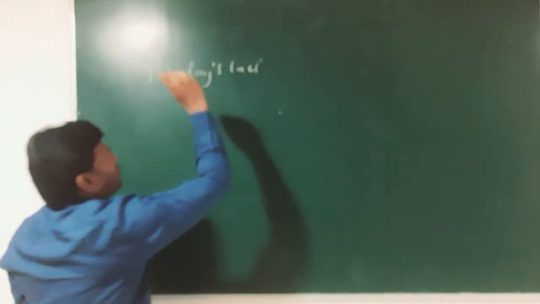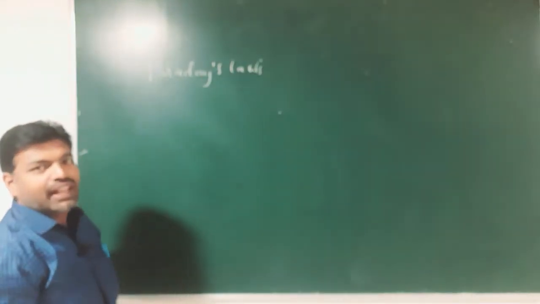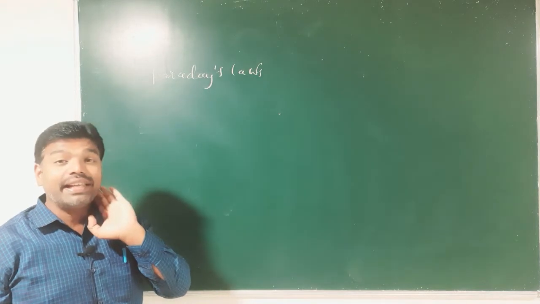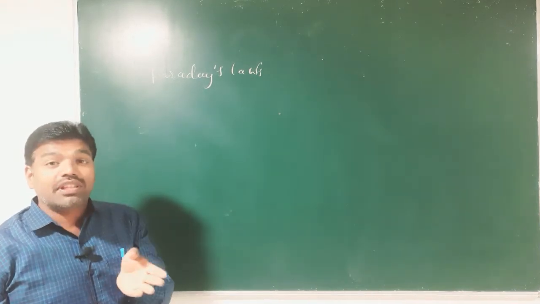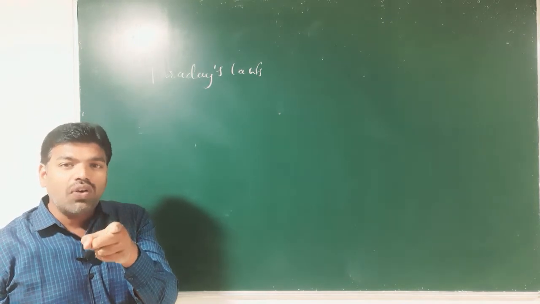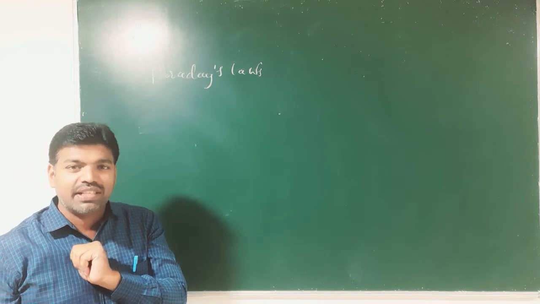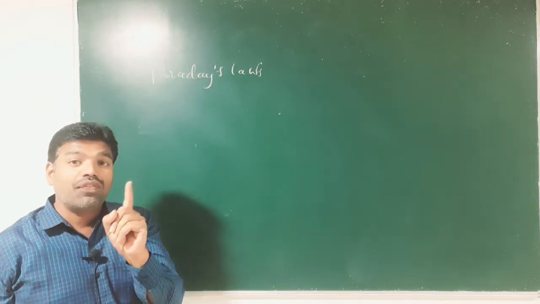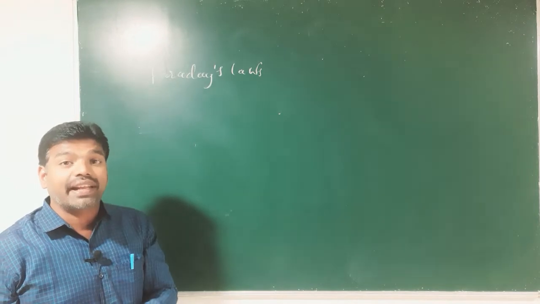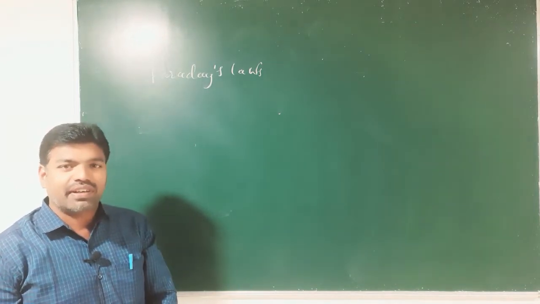Faraday's laws of electrolysis. Already I told you Faraday's laws deal with the mathematical relation between the quantity of electricity passing through the electrolytic solution and the quantity of substances deposited or liberated at the electrodes, right.